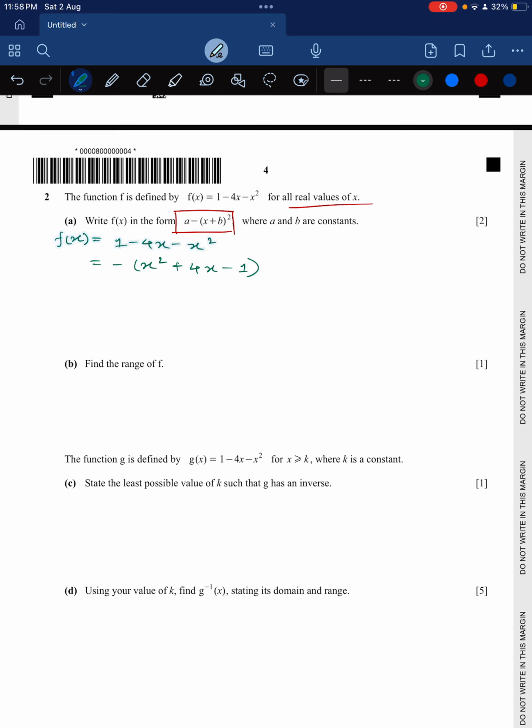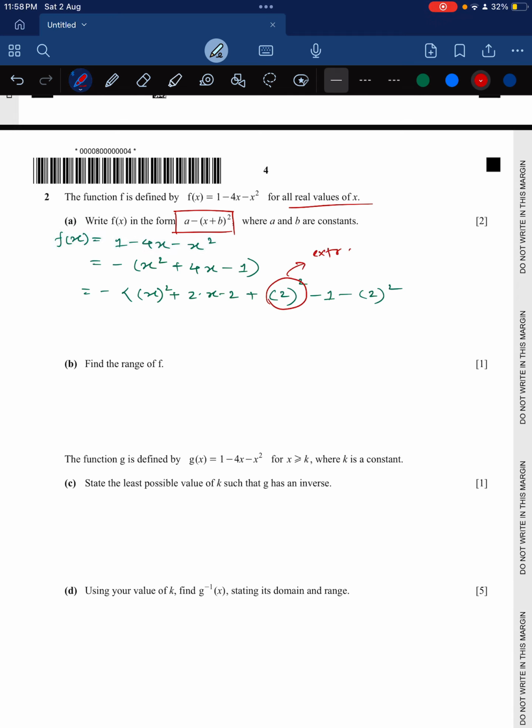Okay, so now we will try to make x squared plus 2 times x times 2. So to make it a plus b whole squared, we have to take a 2 squared there. Okay, and minus 1 minus, because this 2 squared is extra.